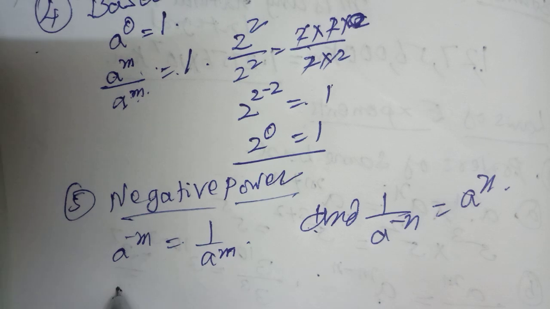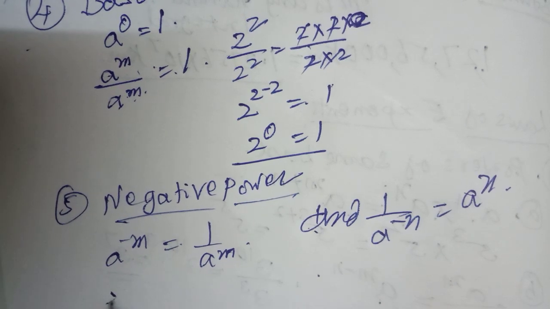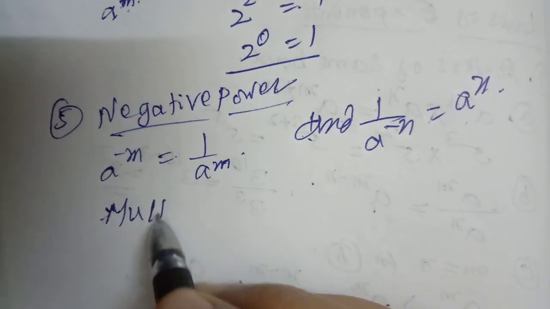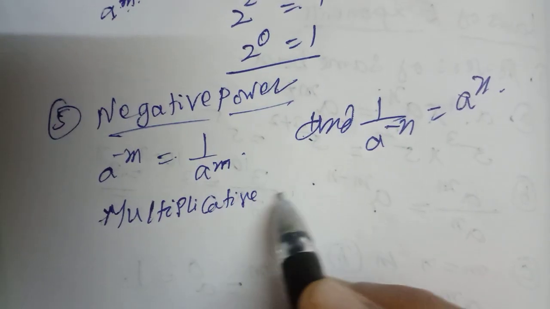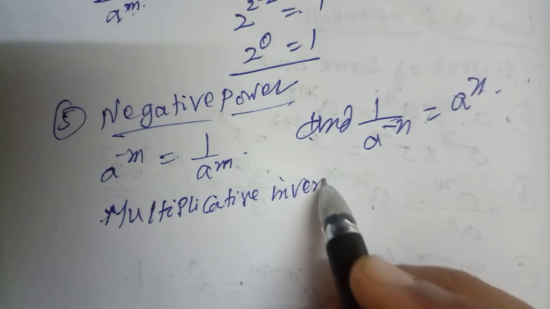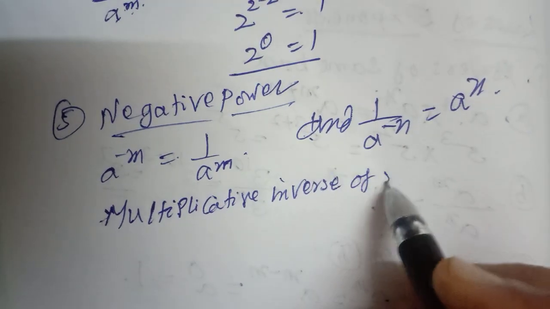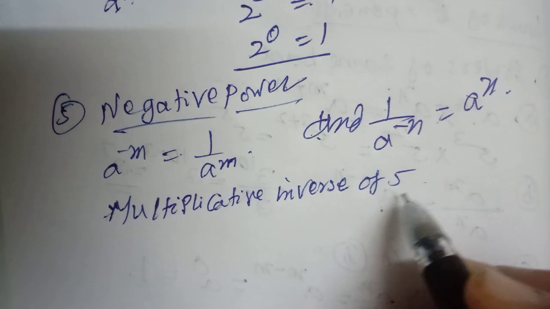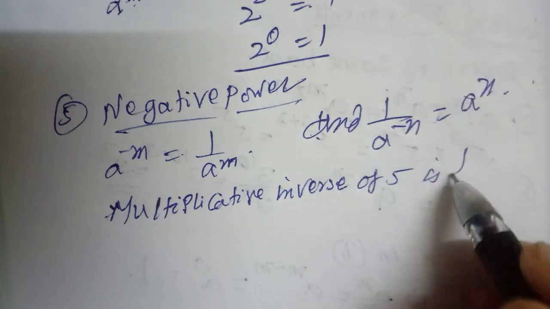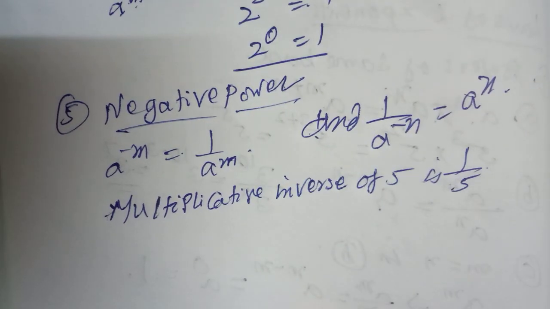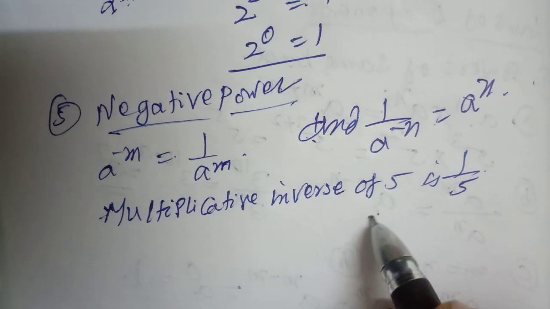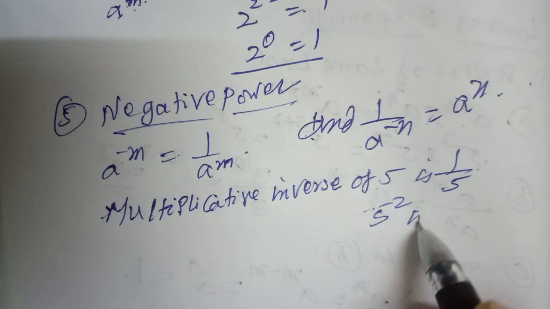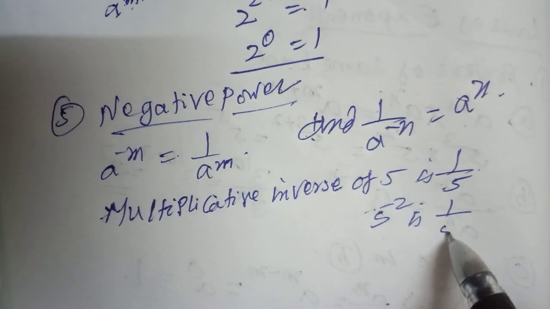We know the multiplicative inverse, while reading about multiplicative inverse of 5. What is the multiplicative inverse of 5? It is 1 by 5. So here, what is the multiplicative inverse of 5 square? It is 1 by 5 square.